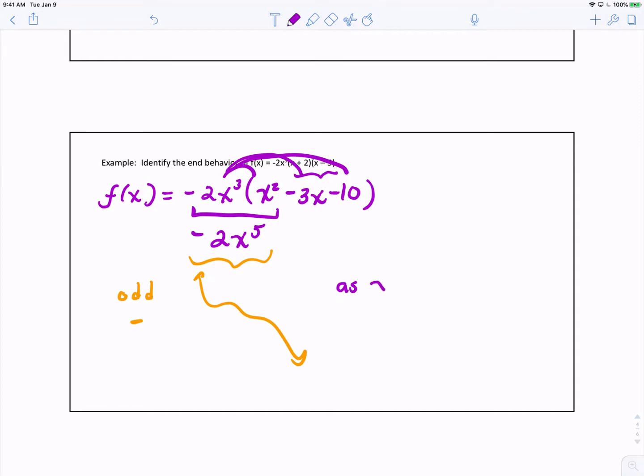As x approaches negative infinity, the function is going up, it's getting higher and higher, it's approaching infinity. And as x approaches positive infinity, we can see that the function values are going down, in other words, getting lower and lower towards negative infinity.